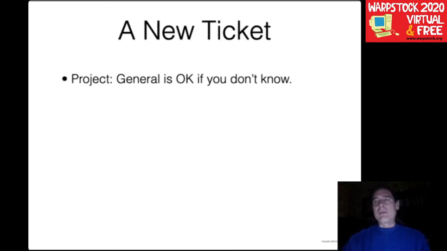Sometimes this will be obvious and other times it won't. If you don't know or have some doubt, choose General. That is the default. And that's perfectly fine because later on the developer will move your ticket to the appropriate project if necessary. The second thing you need to choose is the category.